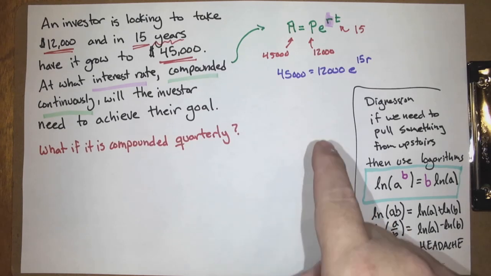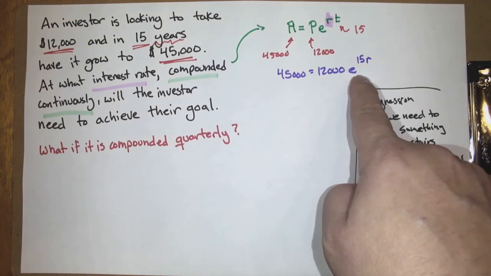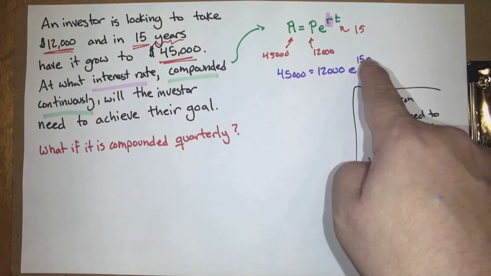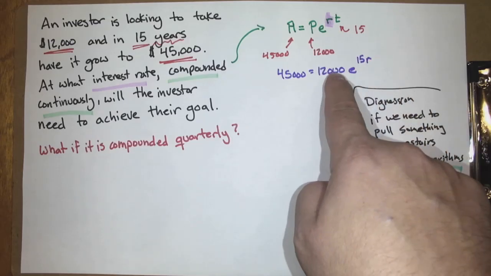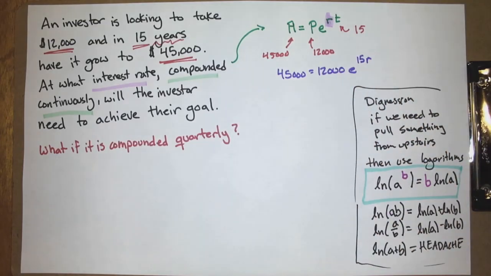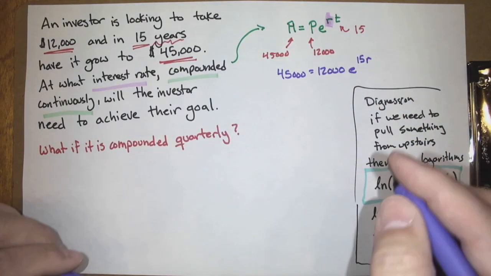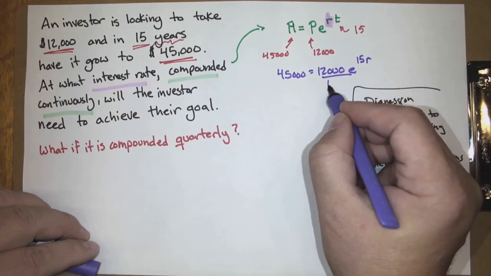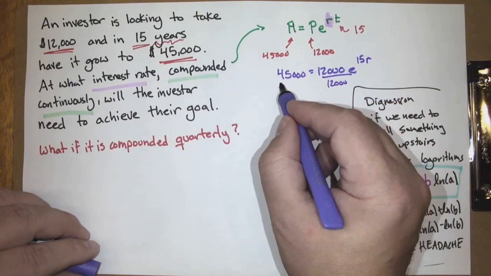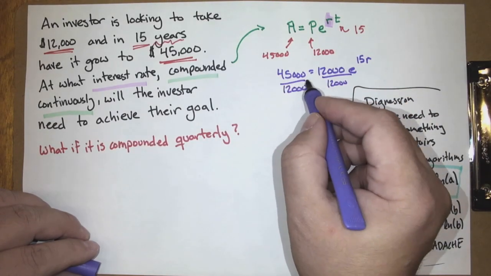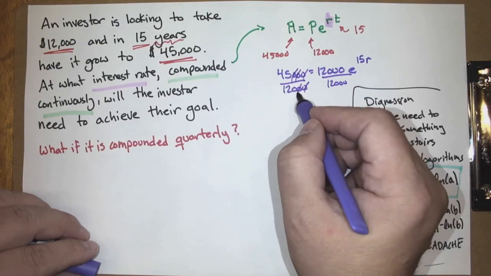Now, to help us get there, I like to get the part where I have the exponent upstairs by itself. So I'm going to move this to the other side. And that's not so bad. We can just use division to move that across. And because we have lots of zeros, we can get rid of a lot of zeros.